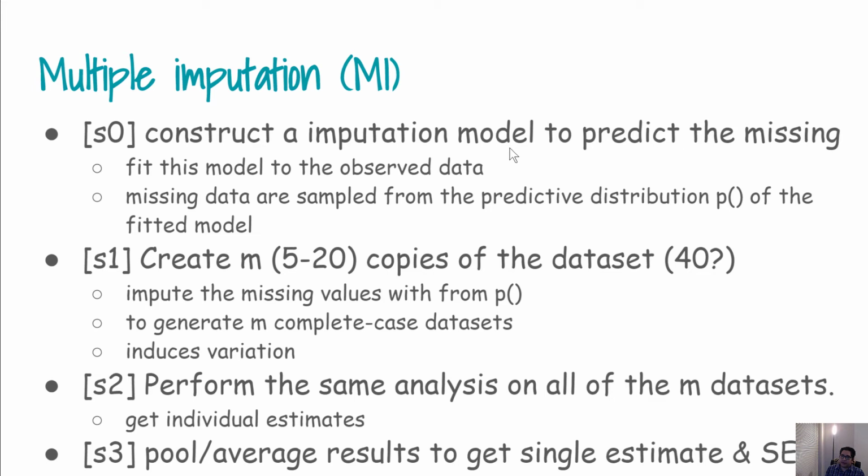Say for example, if age is missing, then you would want to gather all of the variables that are predictive of age. It does not matter whether they are highly predictive or slightly less predictive. What matters is that if they are predictive of age that is missing for some subjects in your dataset, we will try to incorporate those in our imputation model.